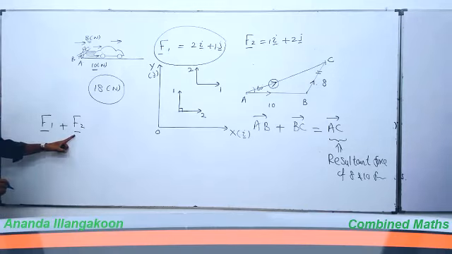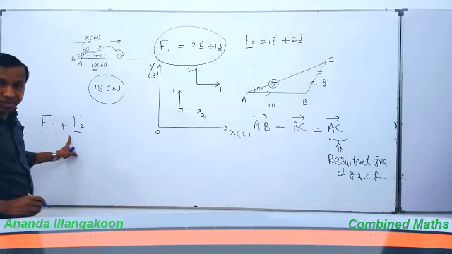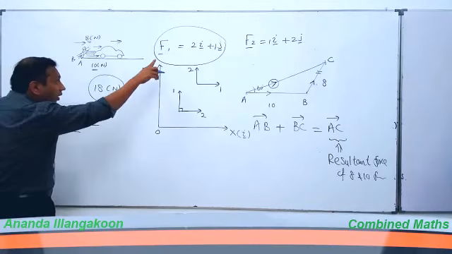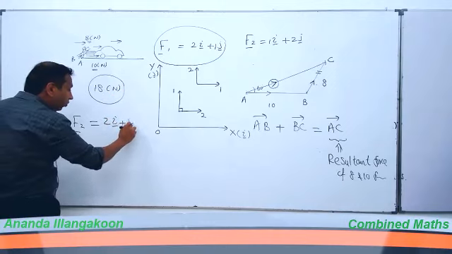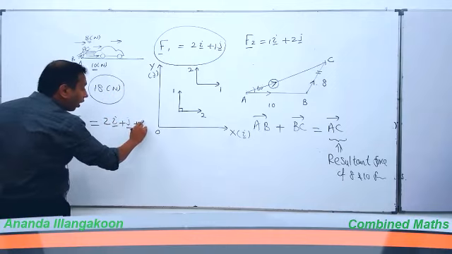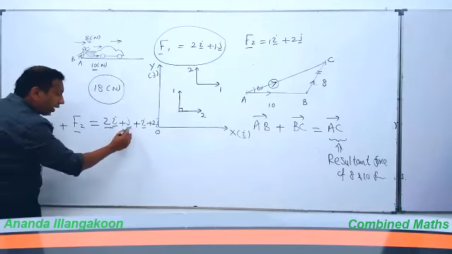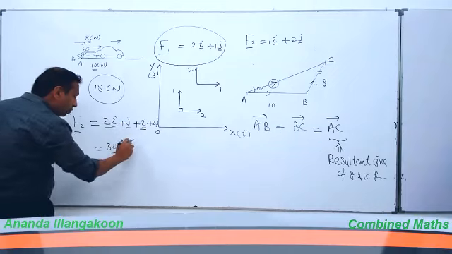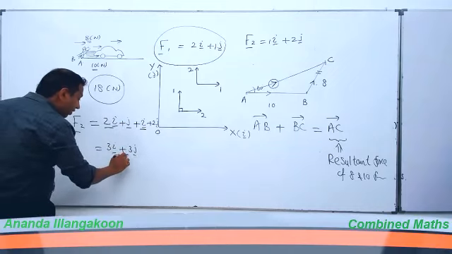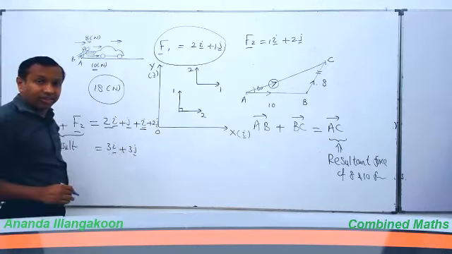We put an underline here to say these two are vectors. Then we need to add 2i plus j to i plus 2j. Tell me, 2i and i is what, people? 3i. j and 2j is 3j. So the resultant of these two is 3i plus 3j.